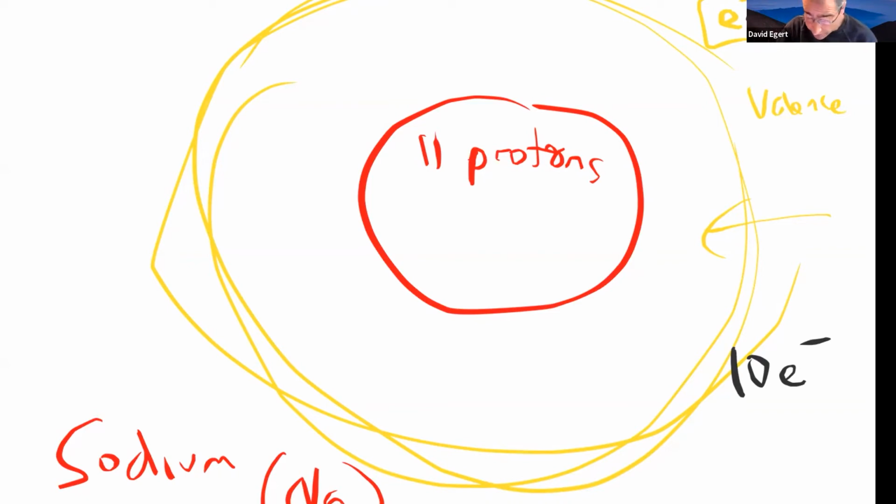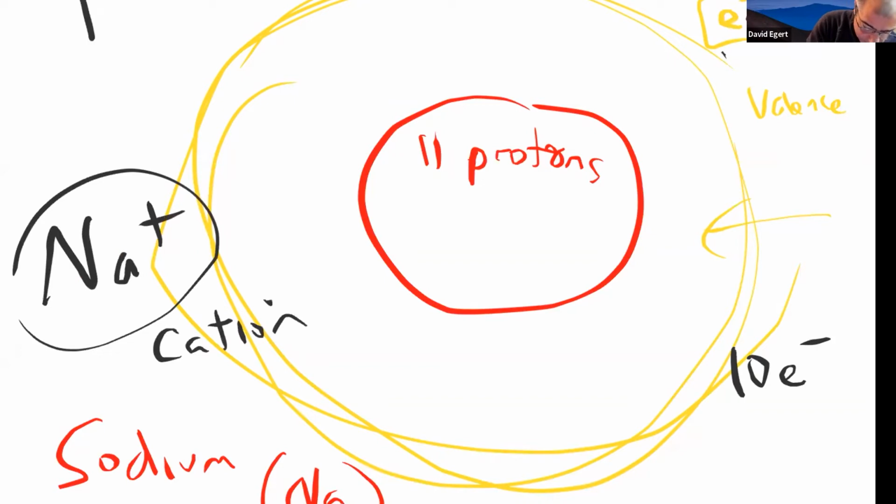This sodium is barely holding on to it, so it lets go and the electron finds some other adventure. So what happens to the overall charge? It goes +1, positive. This is going to be a cation, +1, now Na+.